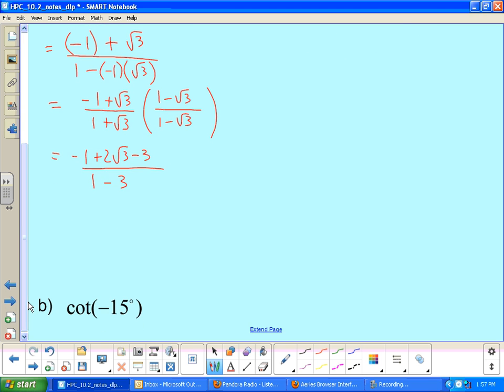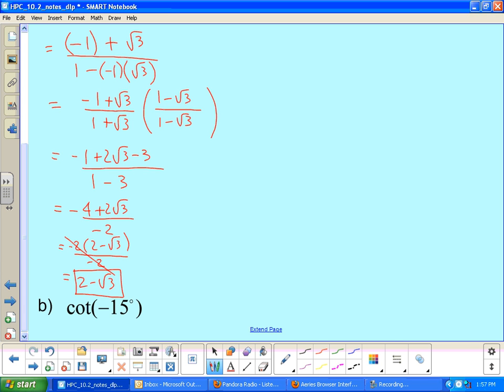Then simplify everything. We get negative 4 plus 2 root 3 over negative 2, and that has some simplifying to do still. In the numerator, I can factor out a negative 2 and I get a 2 minus root 3. And then the denominator of negative 2, they cancel each other out, and we finally get our answer.